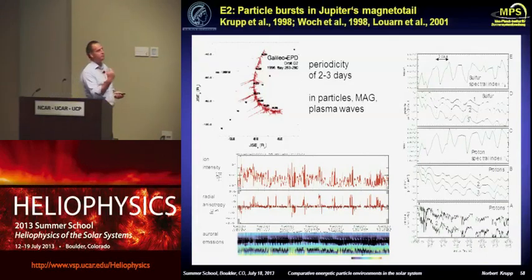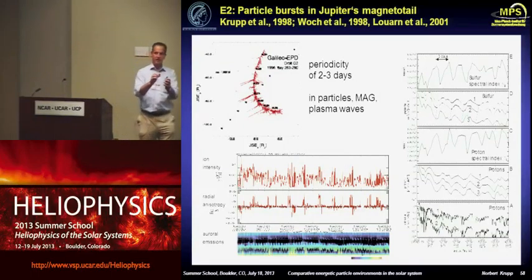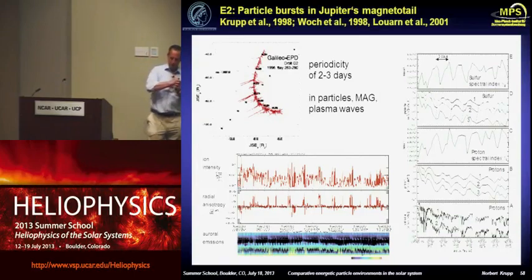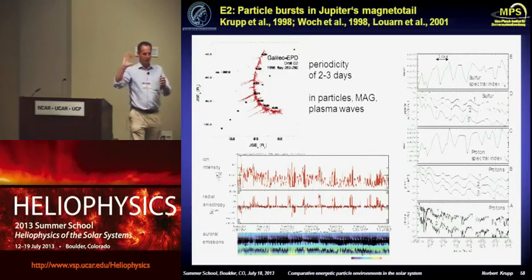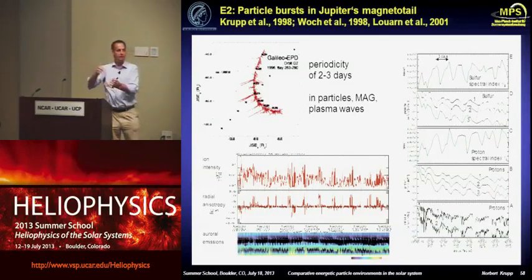So this tells me that at least during some of those events, you have been at the right time, at the right location, and you saw these energetic events where there is plasma being ejected down the tail in maybe smaller or bigger plasmoids. During the reconnection of those plasmoids, the particles are accelerated along the field lines, hitting the auroral zone, creating these additional auroral emissions and the plasma wave.